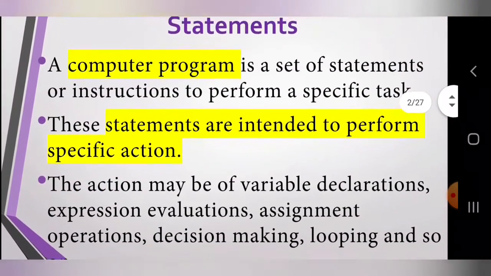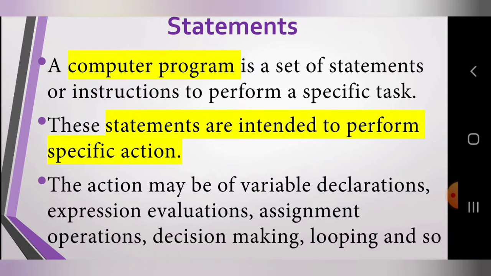There are different kinds of statements. Statements are used to declare variables. We already studied data types in the previous chapter: you specify the data type and then give the variable name. That is a declaration statement. Expression evaluation, for example c = a + b.